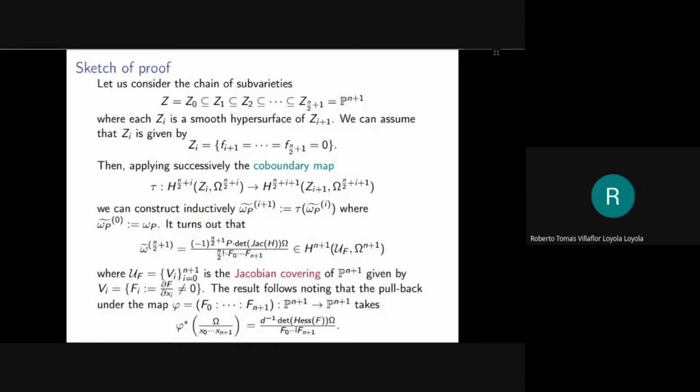And now the number C appearing in our period formula is just the number relating these two polynomials, right? And we have to know it in order to relate the period of omega tilde n over 2 plus 1 with the period of the pullback of the volume top form of P n plus 1. And this completes the sketch of the proof.